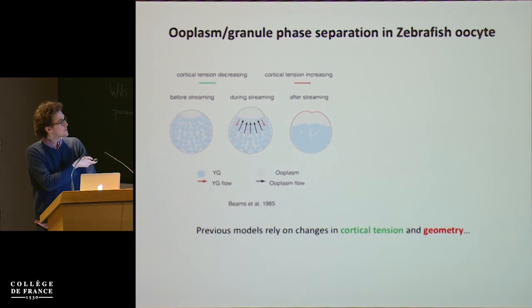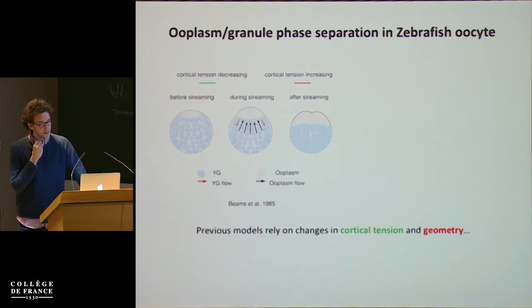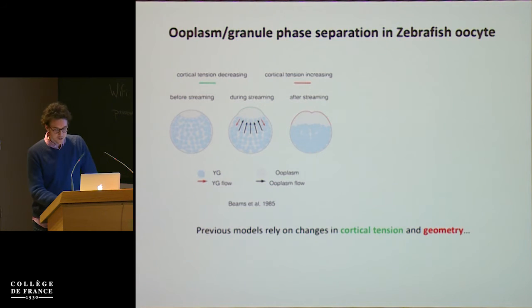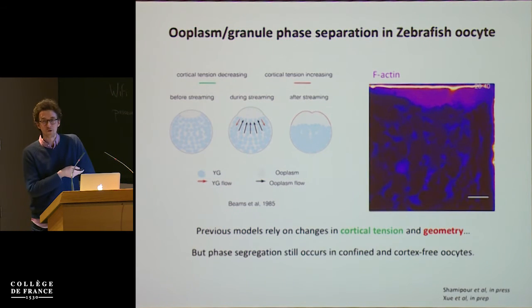To begin with, Cheyenne did a pretty elegant experiment to test this, which is to put the embryo in a square box and confine it so that you can even break the cortex. So now, in this kind of embryo, which is a minimal assay, it's mainly bulk. You don't have any change of geometry, and the cortex is essentially destroyed.